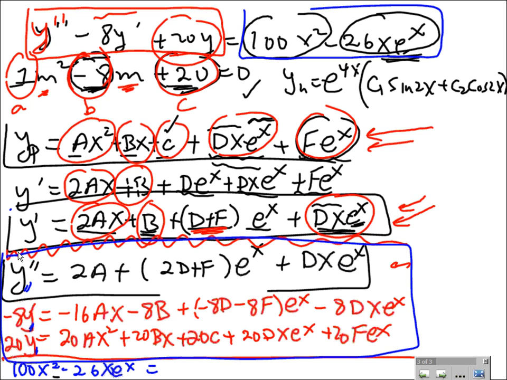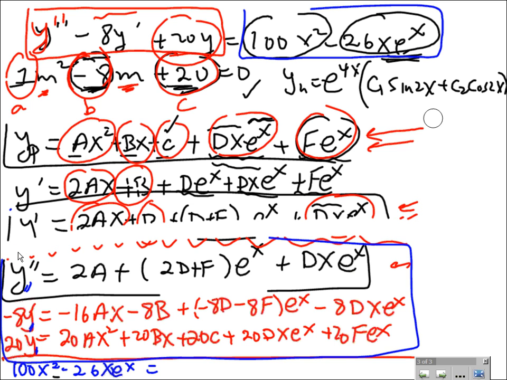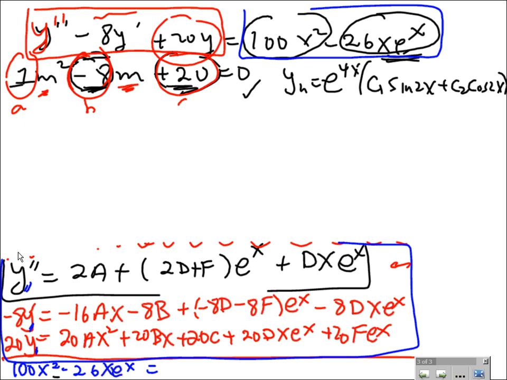Now, I just want to get rid of this so it's not in the way. I'm adding those three lines. And the constant is 2a minus 8b plus 20c.